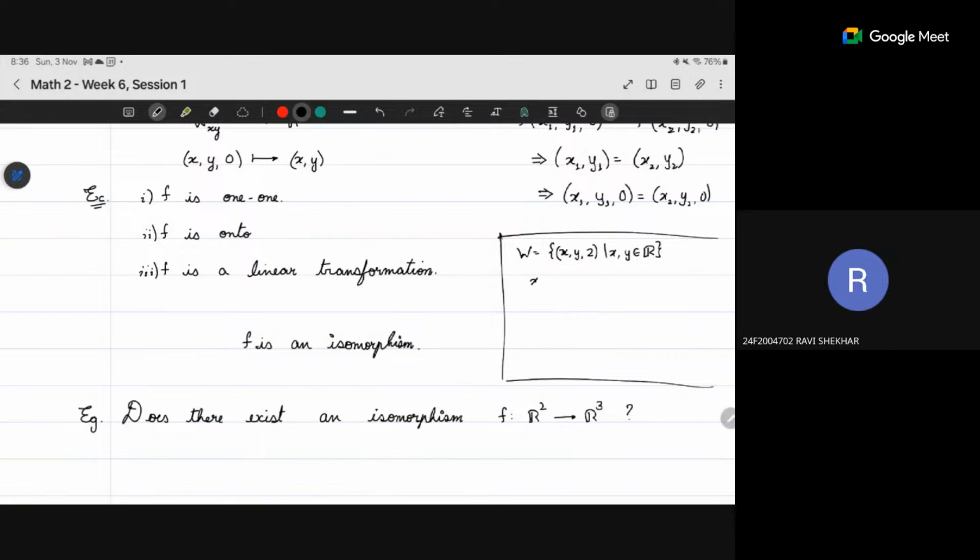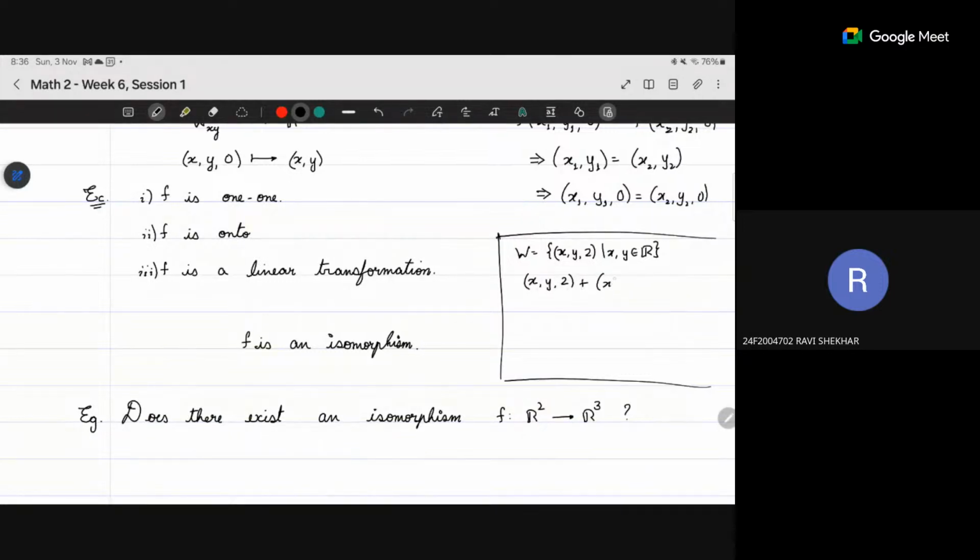But if you redefine your addition as xy2 plus x prime y prime 2, your elements are of this form, right? So what is their sum? If you call it x plus x prime, y plus y prime, 2 itself, I'm just keeping that symbol as it is. That's why I said 0 is just a symbol. It's just one of the candidates.